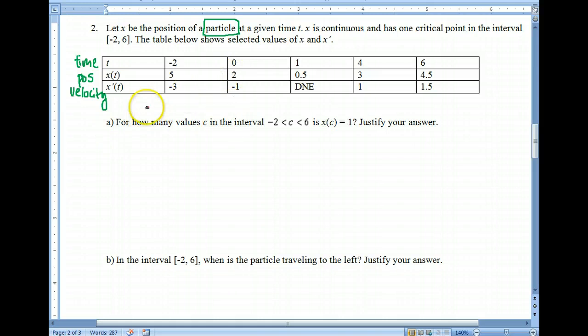So here, let me summarize that again. What I just said, x of 0 equals 2, means that at the start, t equals 0, the very beginning, we know that x equals 2. So it's starting at x equals 2 on the axis.